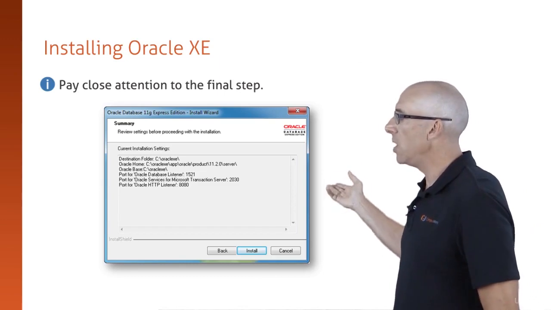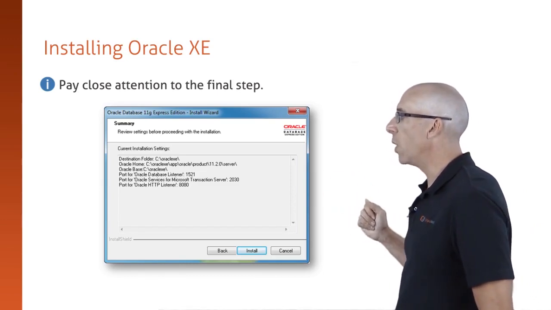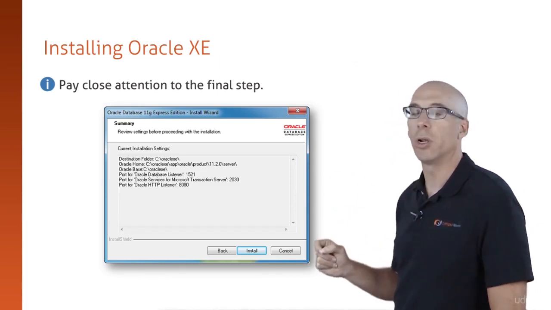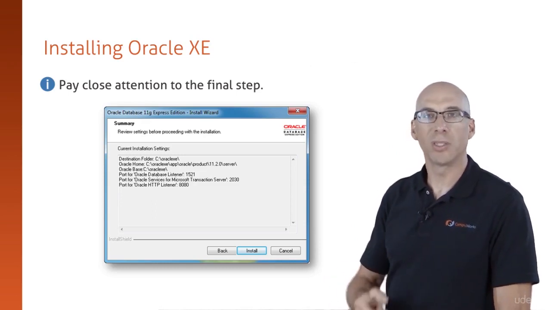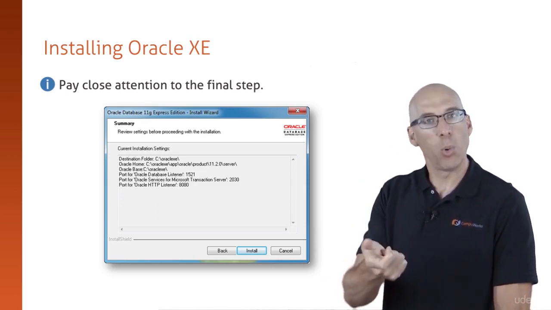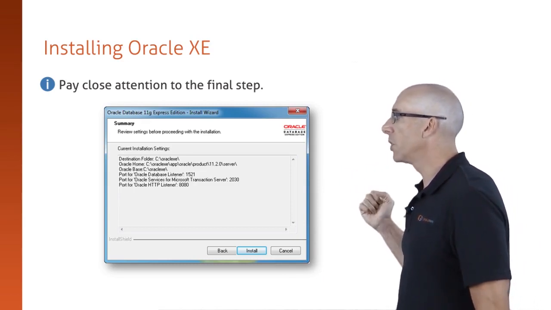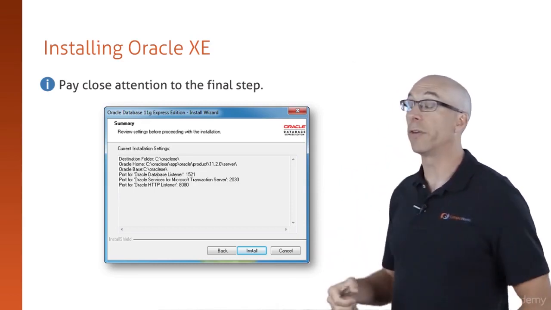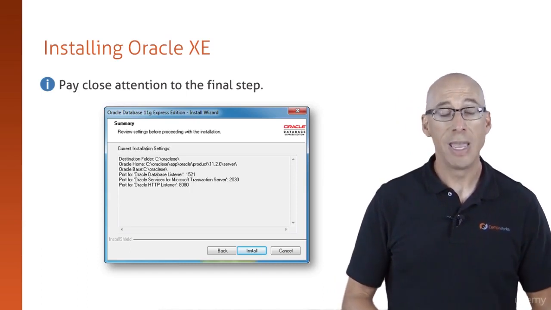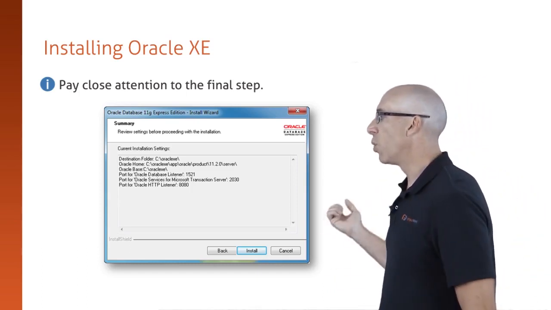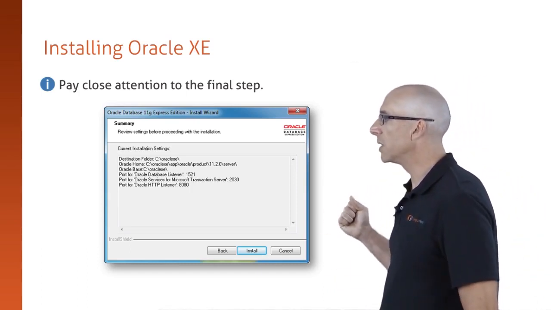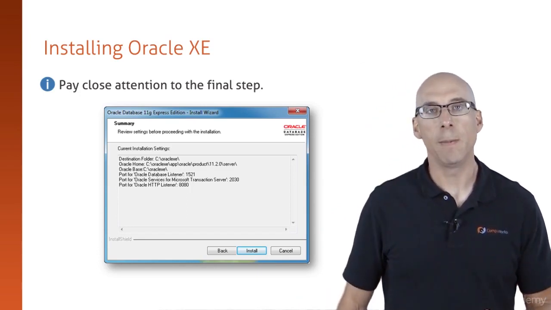And right here you can see that the port for the Oracle Database Listener is 1521. So 1521, that port is open for the Database Listener. The Oracle Services for Microsoft Transaction Server is 2030. And then the last one is the port for the Oracle HTTP Listener, which is 8080.